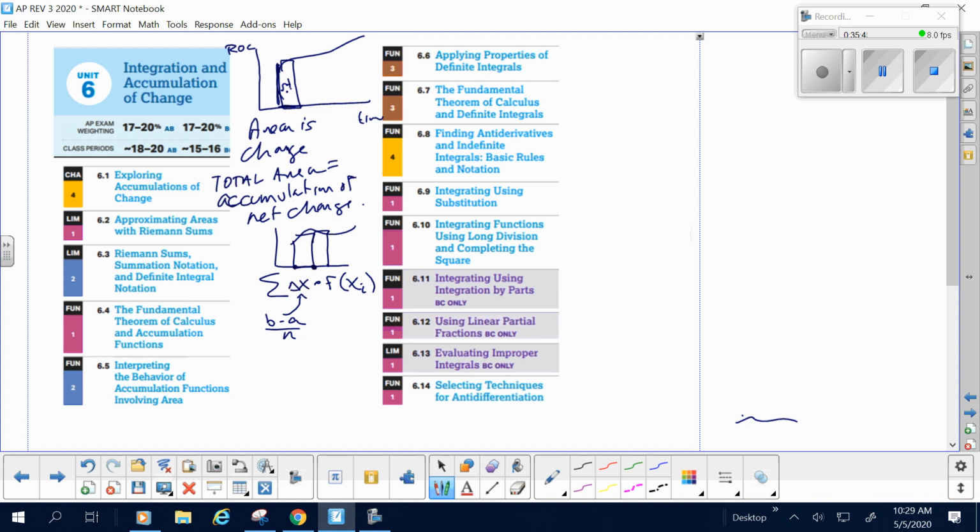Well, it depends on two things: where you started and how many delta x's you've gone over. Now, if you take the number of rectangles to infinity, so they get smaller and smaller, you get a better and better fit. And you do that by taking a limit, seeing what happens as that goes to infinity.